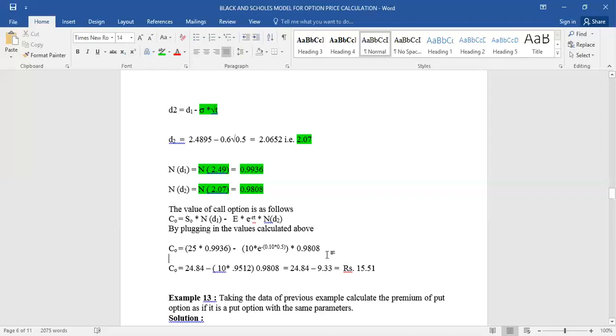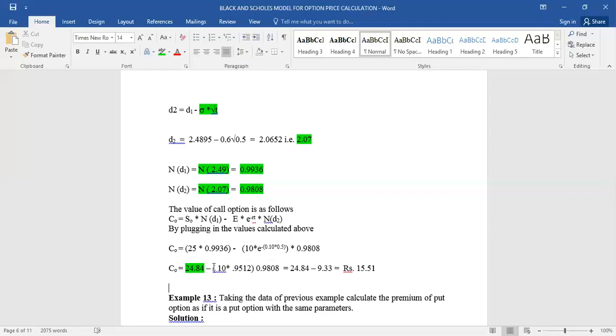So let us solve it out. 25 times 0.9936 gets you 24.84. I'm at this point. You can see that. Green part. Then the next part. First, calculate the value of the exponent function. So E raised to the power of negative RT.